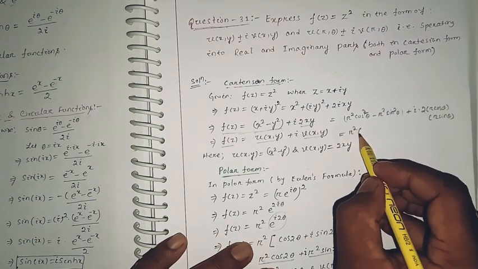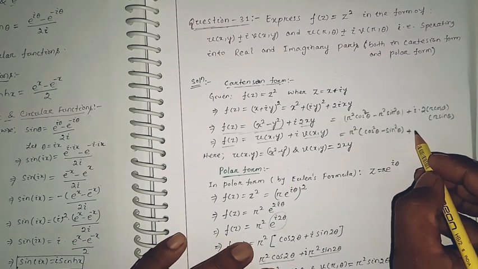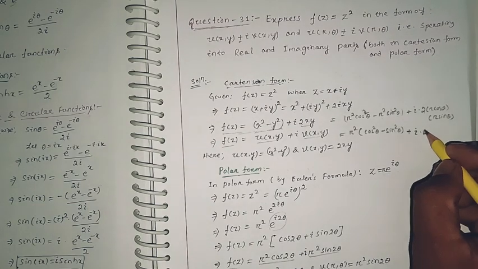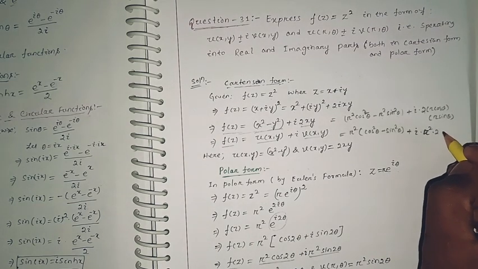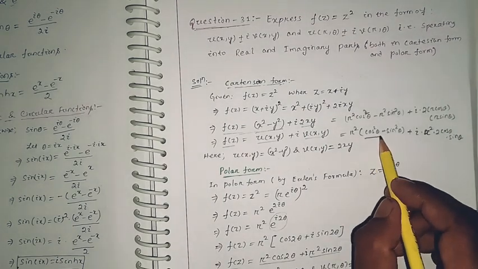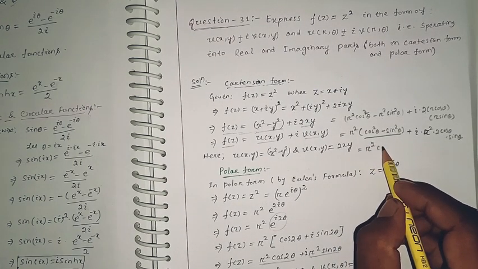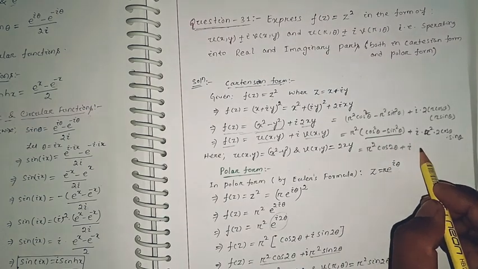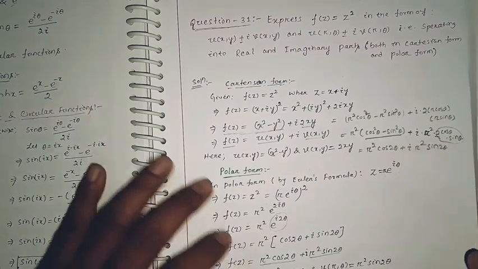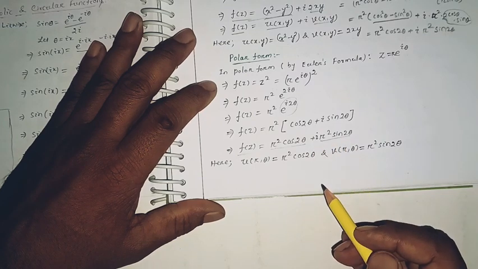This will be r² times (cos²θ minus sin²θ) plus i r² times 2 cos θ sin θ. cos²θ minus sin²θ is nothing but cos 2θ, and 2 cos θ sin θ is sin 2θ. So we get r² cos 2θ plus i r² sin 2θ.